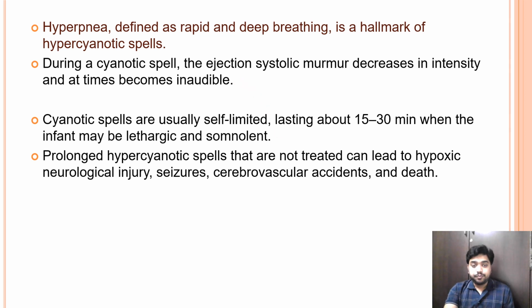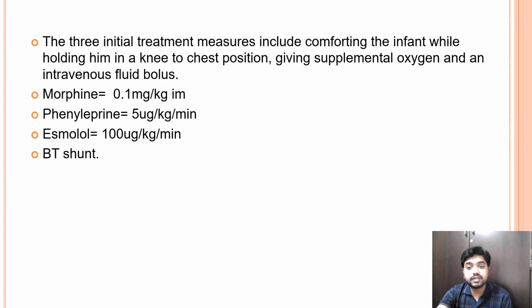So before, a child who had a murmur may now, presenting in cyanotic spell, have no appreciable murmur. Cyanotic spells are usually self-limiting, lasting about 15 to 30 minutes, and infants may be lethargic or somnolent, sometimes unconscious or unresponsive. Prolonged untreated hypercyanotic spells can lead to hypoxic neurological injuries, seizures, cerebrovascular accidents, and death.